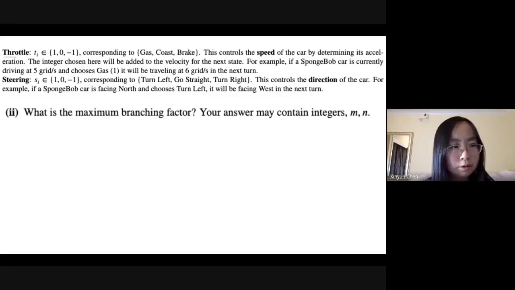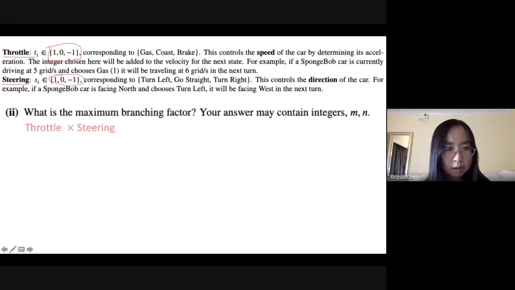One is the throttle. You see that there are 3 options here. Another is steering. Again, there are 3 options here. So basically, to compute this branching factor, it is the number of possible choices for throttle times the number of possible choices for steering. So for this question, it's 3 times 3 equal to 9.